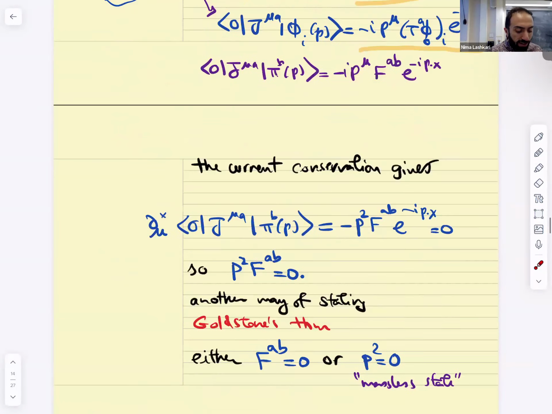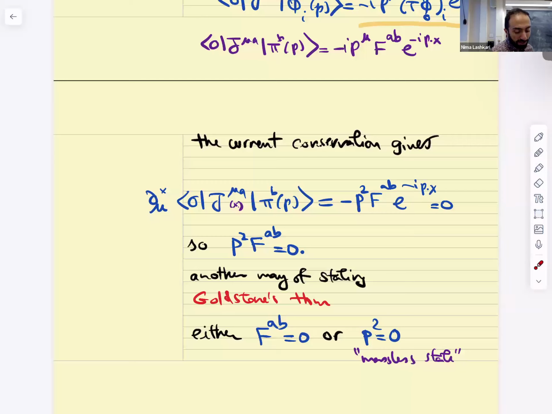This equation equal to 0 could be satisfied either by FAB being equal to 0 or by P squared being equal to 0. When FAB is not equal to 0, you have a setup where you actually have a Goldstone boson. P squared has to be 0, and that has a natural interpretation as a massless state. I leave that to you to figure out why that's masslessness.